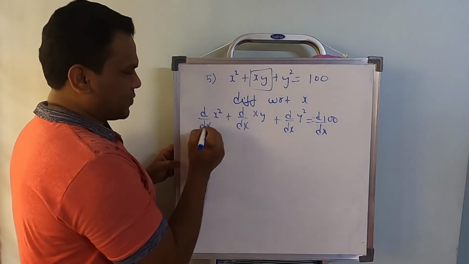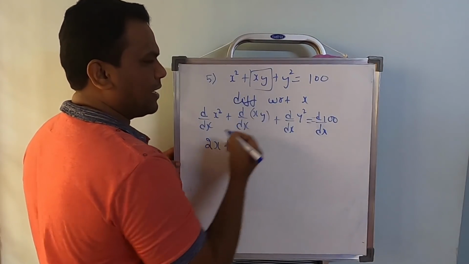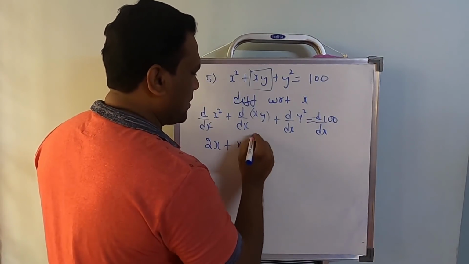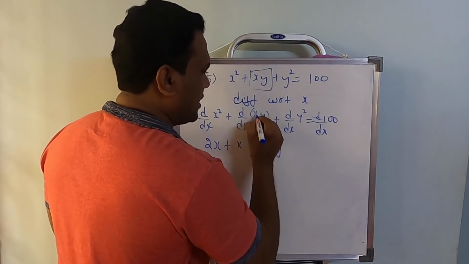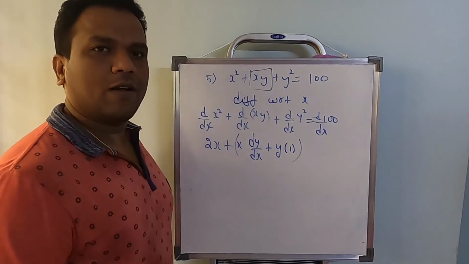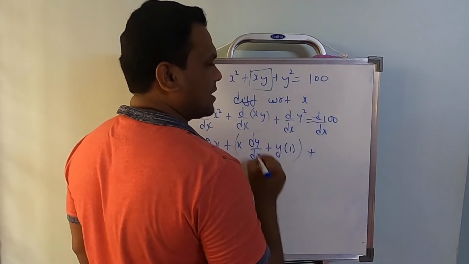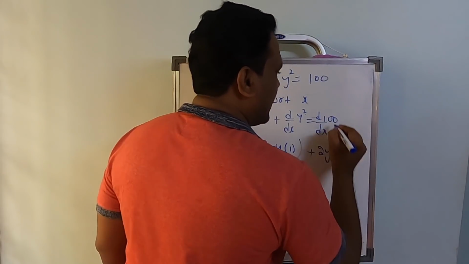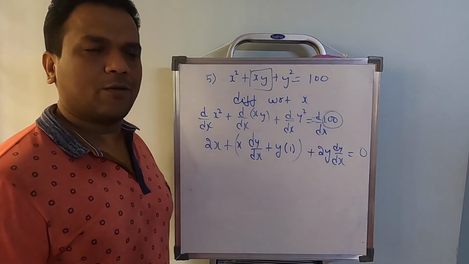So differentiation of x square with respect to x will be 2x plus, now product rule while differentiating xy, x multiplied by differentiation of y will be dy by dx plus y multiplied by differentiation of x will be 1. Product rule for xy. And the next term, differentiation of y square with respect to x will be 2y multiplied by dy by dx. 100, it's a constant, so differentiation of 100 will be 0.